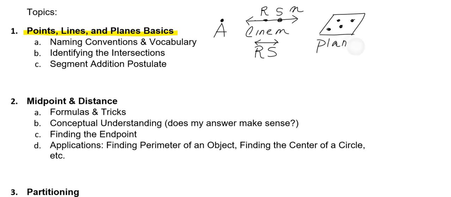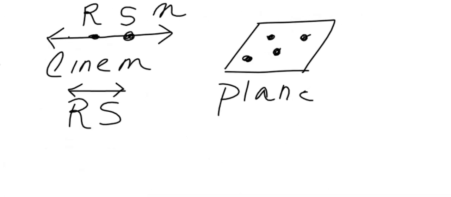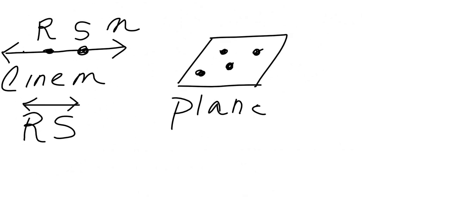The way that you would name the plane is by a cursive letter in the corner of the plane. I'm going to zoom in and show you. If, for example, you had a capital B in the corner of your plane, you could call this plane B. Or you can name the plane by any 3 non-collinear points that are on your plane.